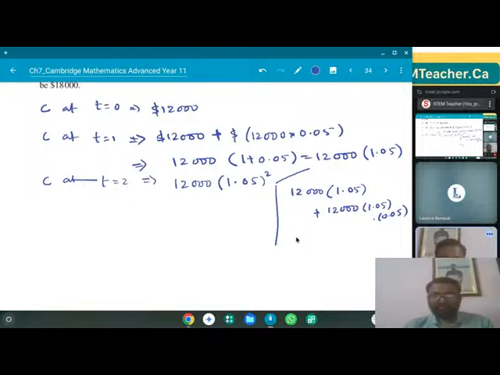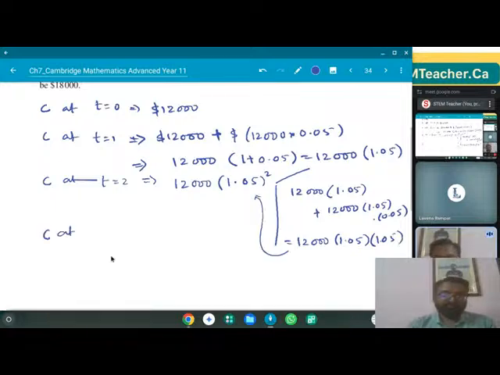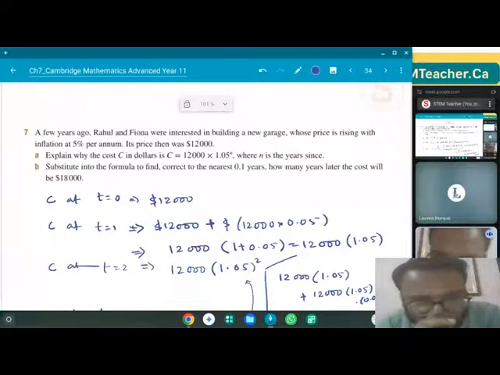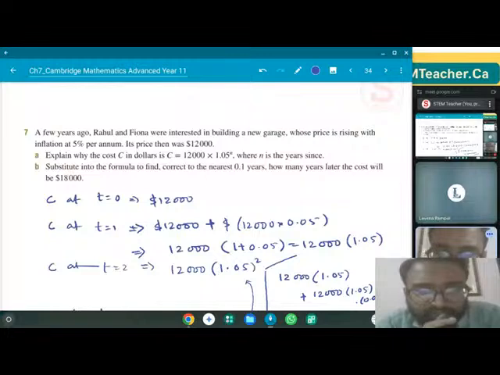If you take 12,000 into 1.05 common, you will get one more 1.05. So after n years, the cost is 12,000 into 1.05 to the power n. Substitute into the formula to find, correct to the nearest 0.1 years.